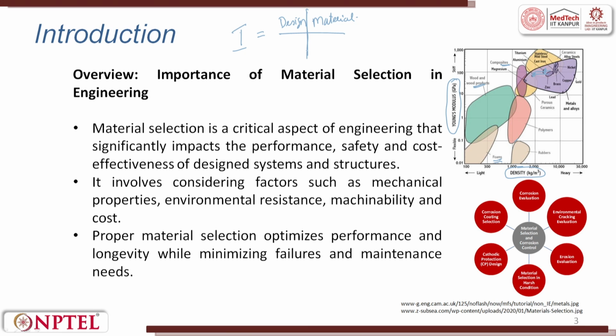Leaving the design parameter, for example, we were discussing in few lectures about columns, then slenderness ratio. So, those things are design parameters, right. The other thing is material parameters.